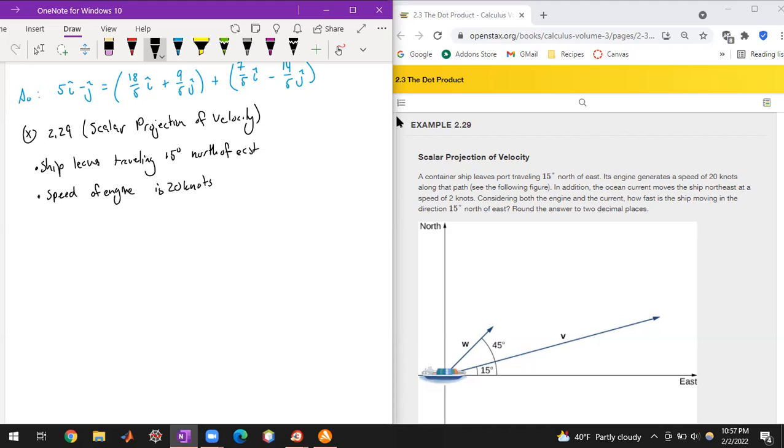We know that the ocean current is moving the ship northeast at a speed of 2 knots. We're interested in finding how fast the ship is moving in the direction of 15 degrees north of east.